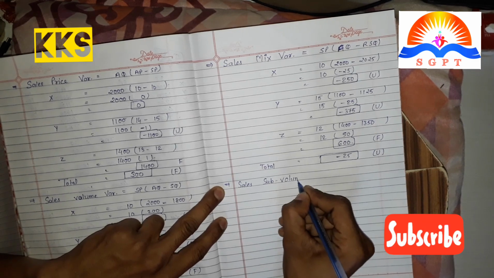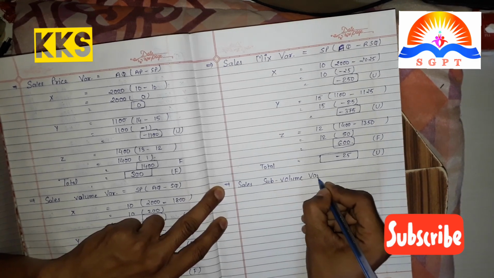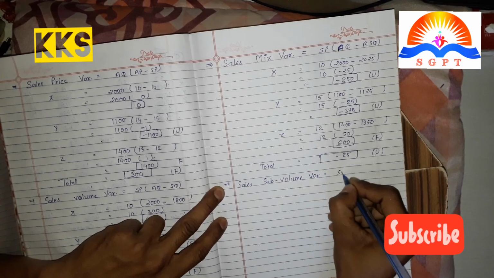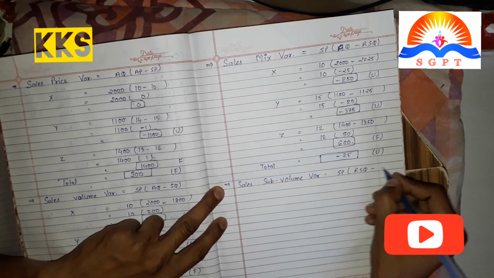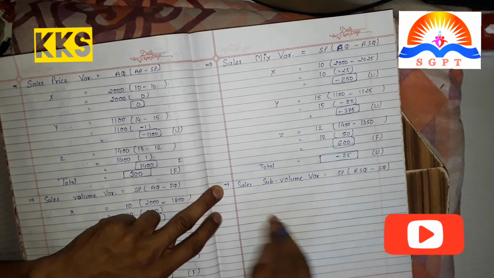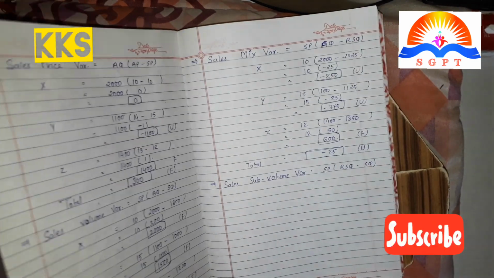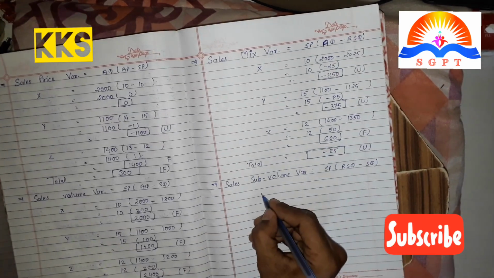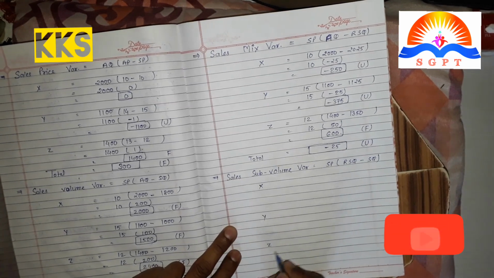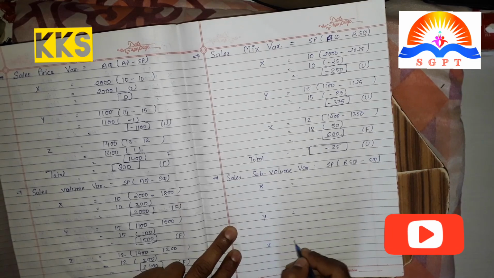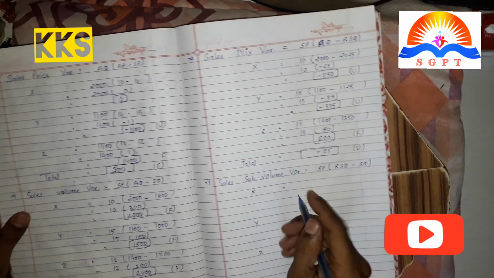Now sales sub volume variance. SP into RSQ minus SQ for X, Y, Z. SP 10, 15, 12 as it is.